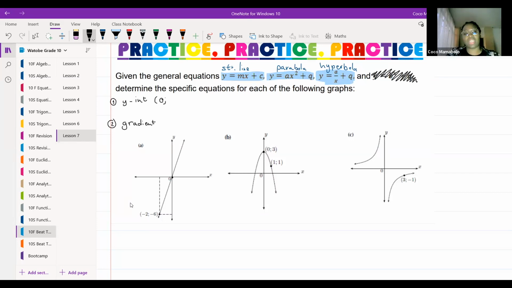It's not going to be -6. Where does my graph cross the y-axis? Yes, Bongani, good, that's it. It's at 0. So my y-intercept, my c is going to be 0. So at the moment, I've got y is equal to mx plus 0, which is the same as nothing, really. I don't even have to add the mx plus 0 part.